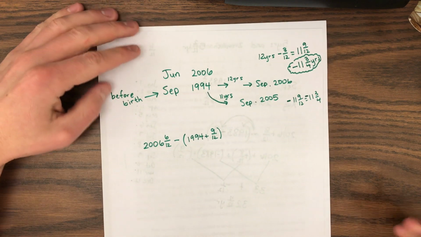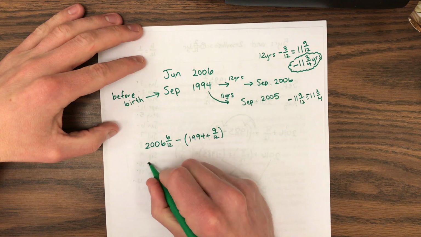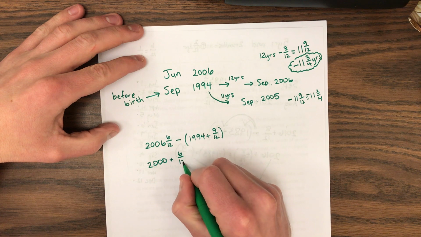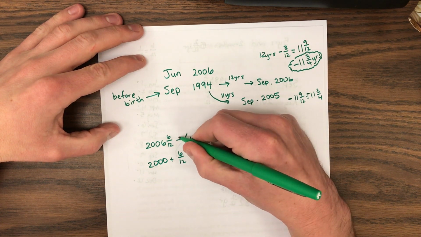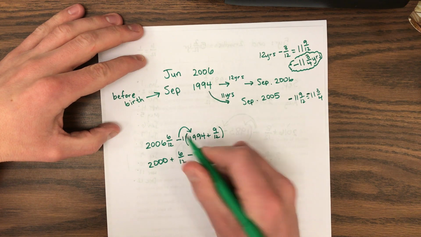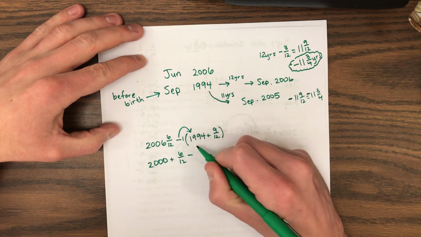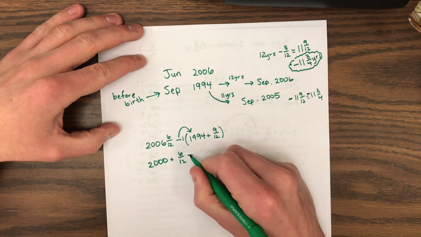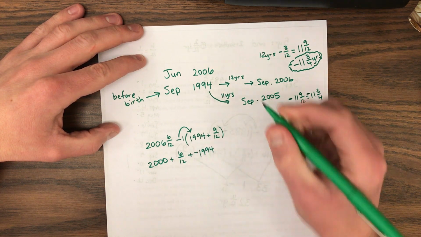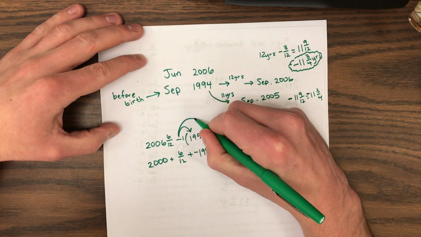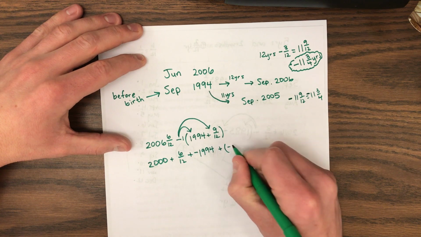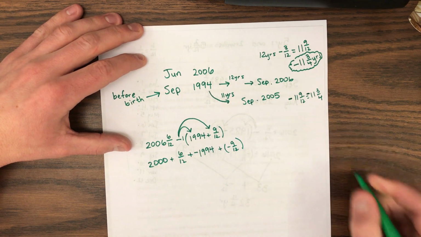So, this is 2006 plus 6/12 minus, I'm going to distribute this negative. Remember we've talked about imagining that there's a little invisible -1 there, and so when I multiply 1994 by -1, I get plus negative 1994, and then when I multiply this same little invisible -1 times this 9/12, I get plus negative 9/12.